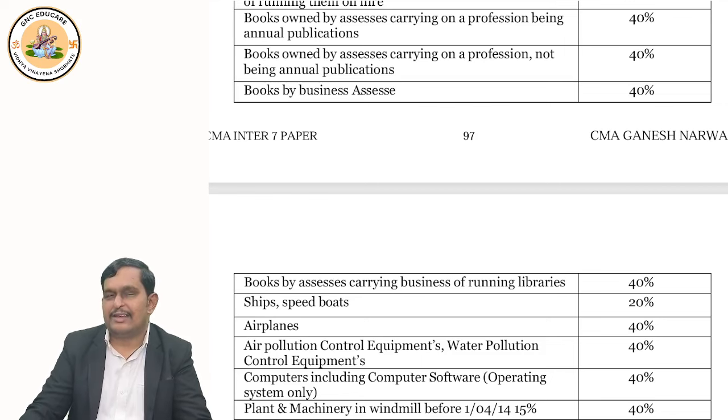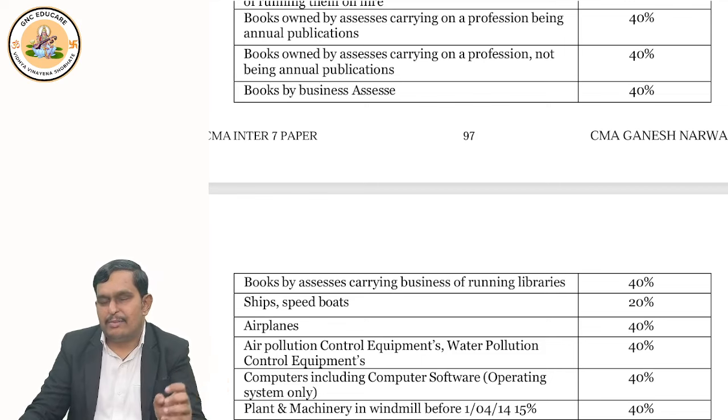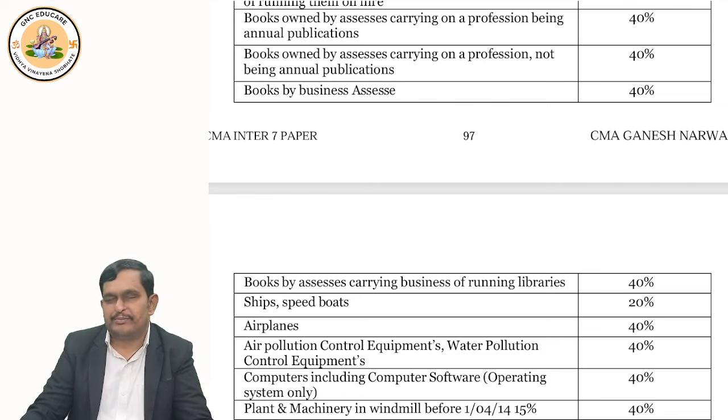Windmill, the rate is 40%. That's it, you should remember. Life-saving medical equipment, or renewable energy equipment, 40% is the rate for both.